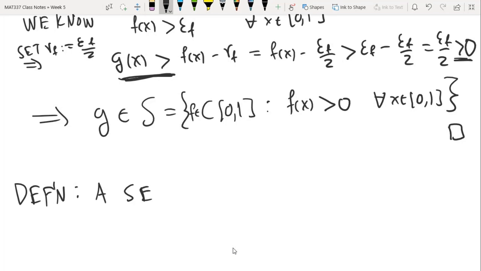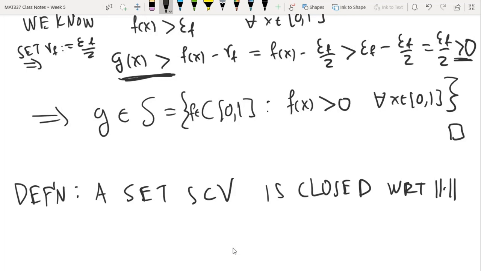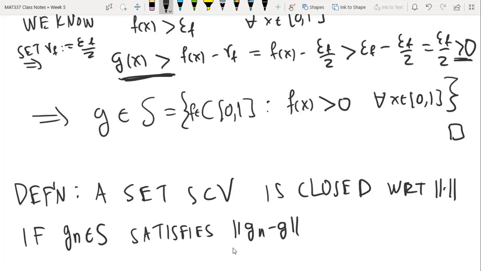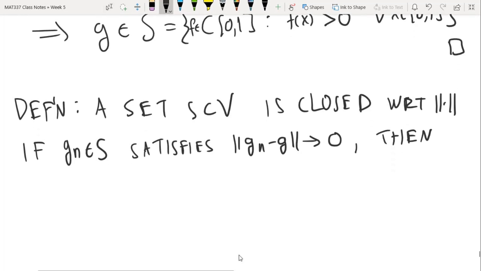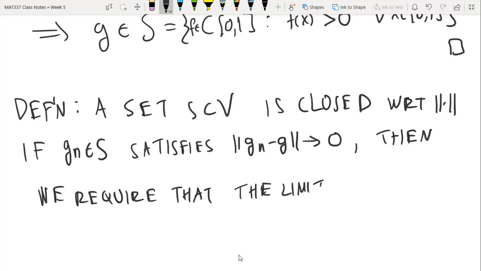A set S inside V is closed with respect to the norm if any g_n in S satisfies g_n minus g goes to 0, then we require that the limit point g is also in S.